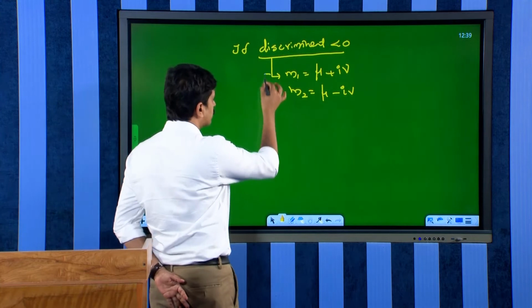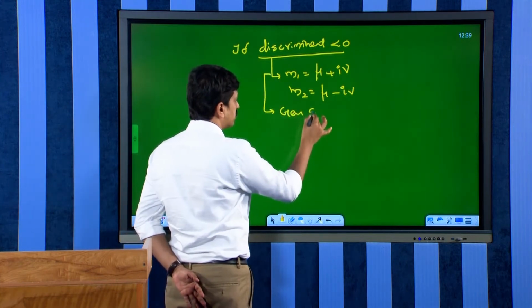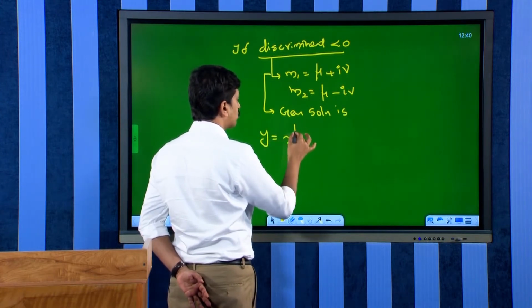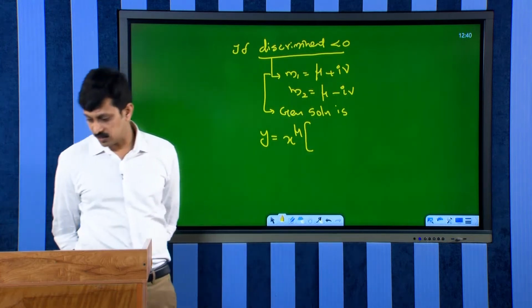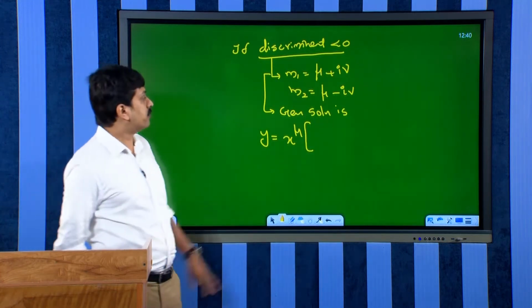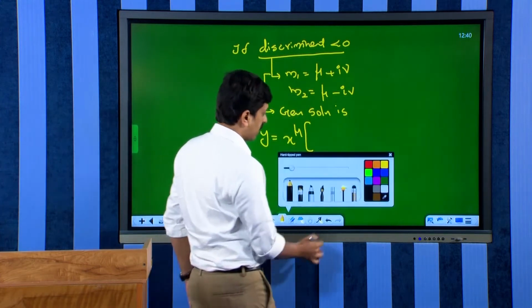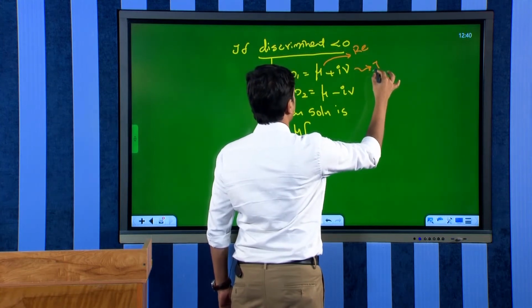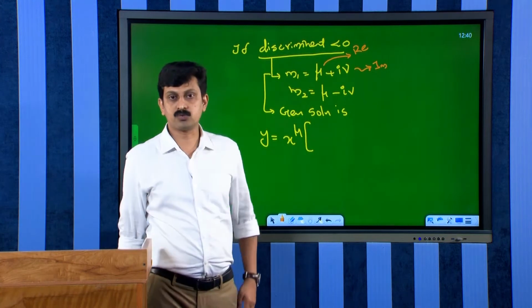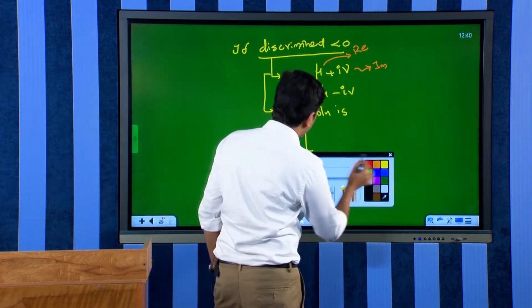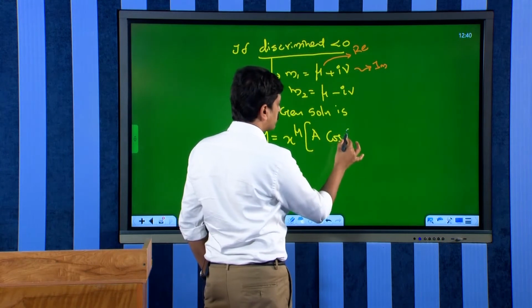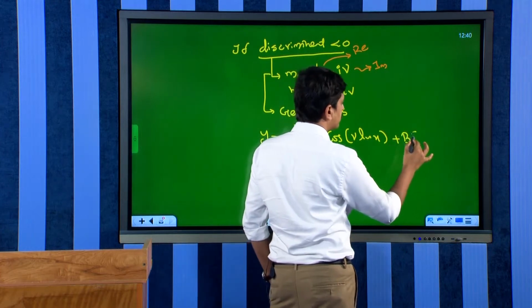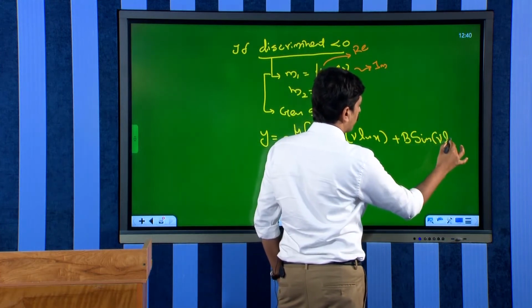Therefore, in this case the general solution is y is equal to x raised to mu, where mu is the real part and nu is the imaginary part of this complex root, times (a cos nu log x plus b sin nu log x).